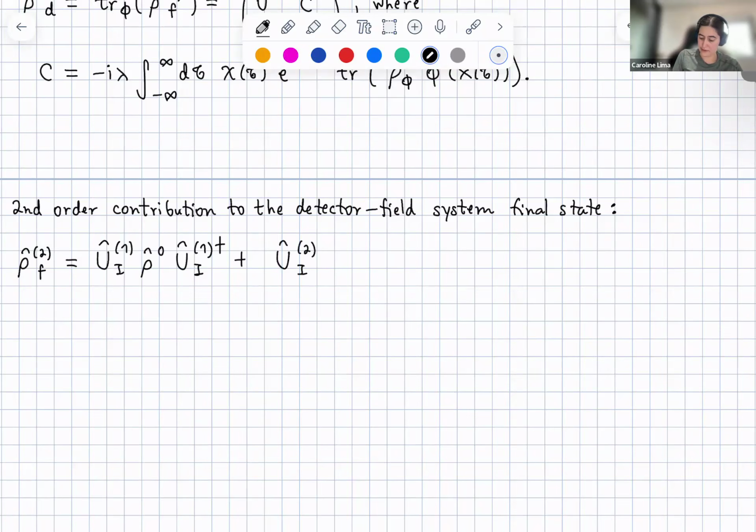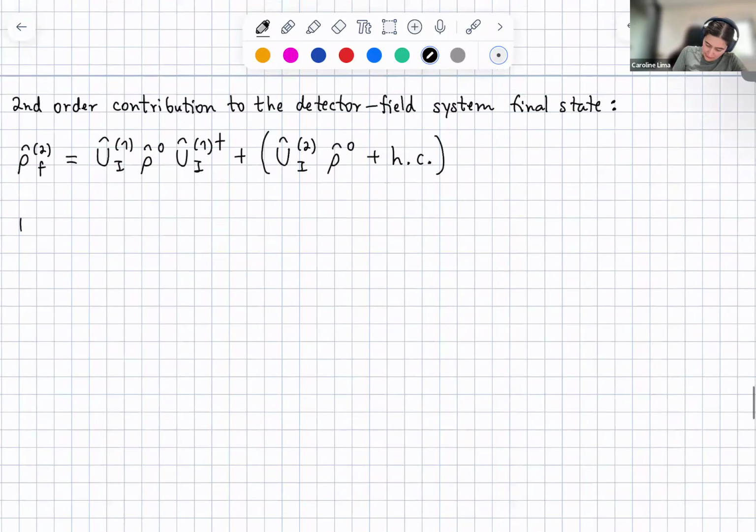I can also write this as this contribution plus its Hermitian conjugate, okay? Just to reduce your calculations. Now, let's see the first contribution. So the first one.